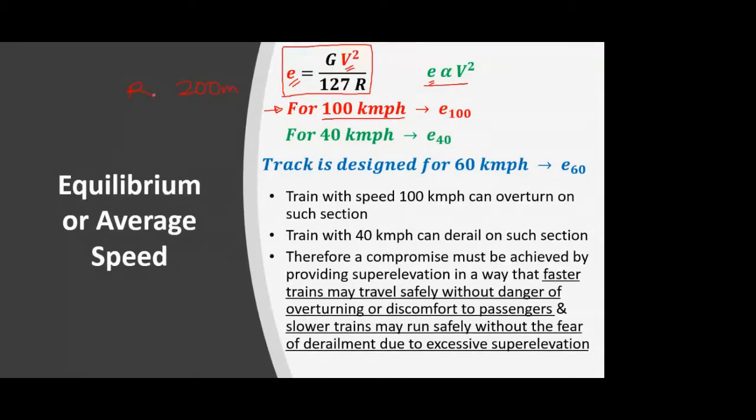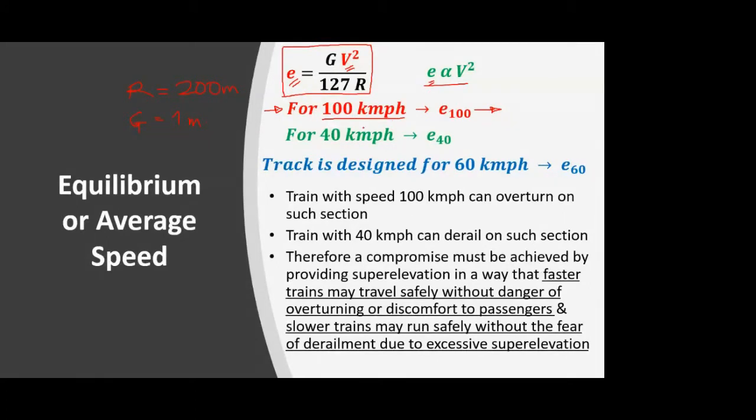If you have a calculator with you, you can input the values: your radius is 200 meter and your gauge, for simplicity, we'll take 1 meter. It's a meter gauge. Then for 100 kmph you will have some E value. So you can find out that E value. I have not calculated it. I will leave it to you.